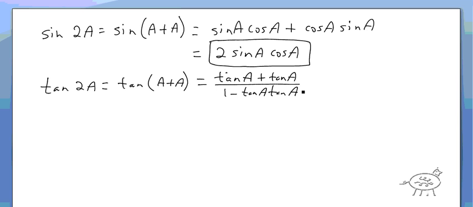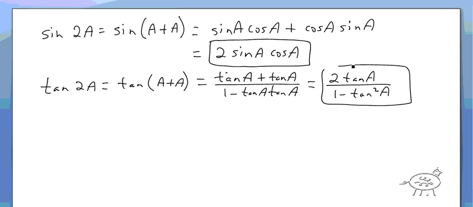Very easy to derive it. As long as you know the sum formulas for tangent, sine and cosine, it's very easy to derive these equations. So that's 2 tangent of A over 1 minus tangent squared of A. And that is your double angle formula for tangent.